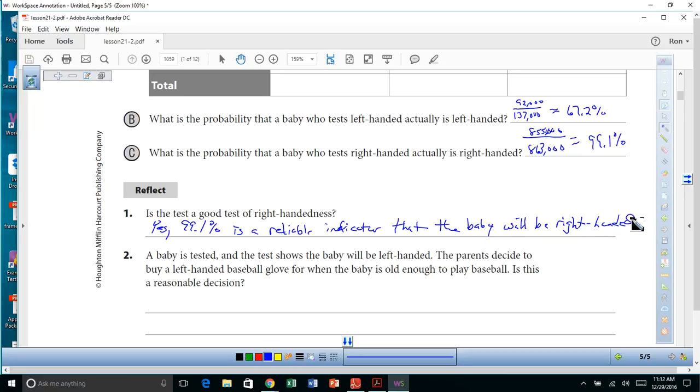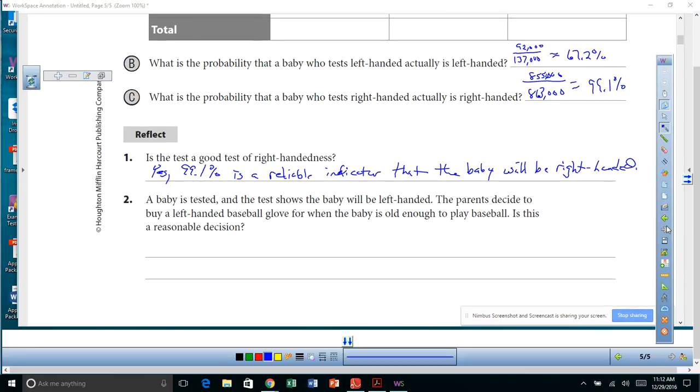All right. A baby is tested, and the test shows the baby will be left-handed. The parents decide to buy a left-handed baseball glove for when the baby is old enough to play baseball. Is this a reasonable decision? Well, let's see. What is the probability that a baby who tests left-handed actually is? That's 67.2%.